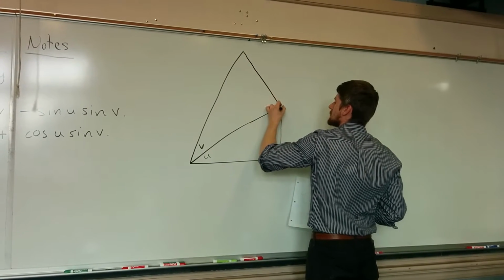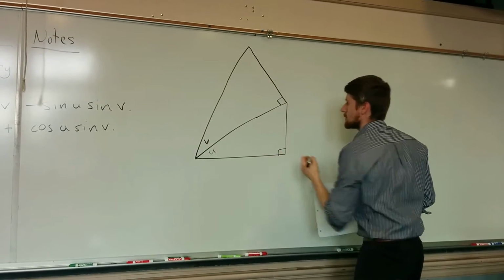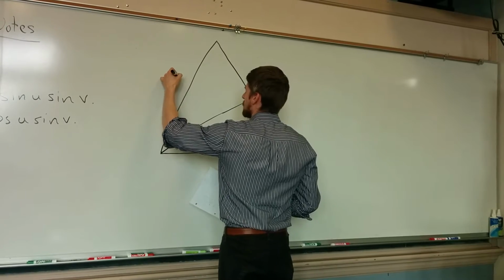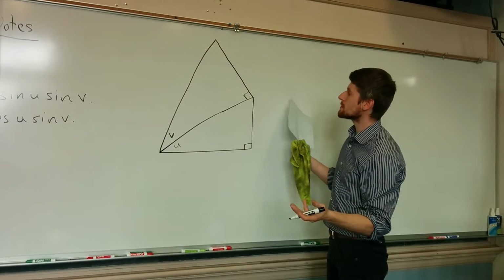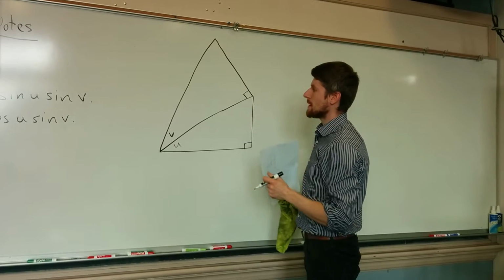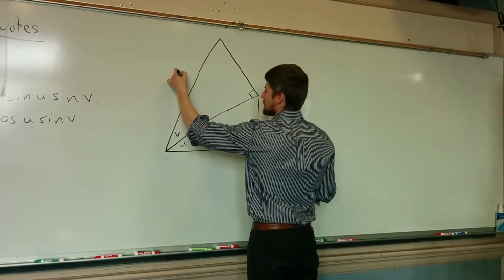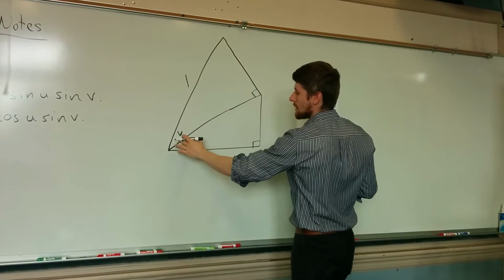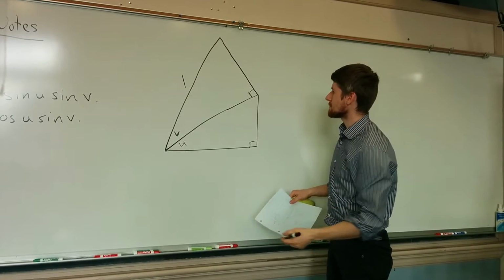And make this a 90-degree angle like that, and this a 90-degree angle like this. And then we can scale this picture however big or small we want. So the scaling that makes things nice and work out is to make this hypotenuse for the triangle with angle v equal to 1.